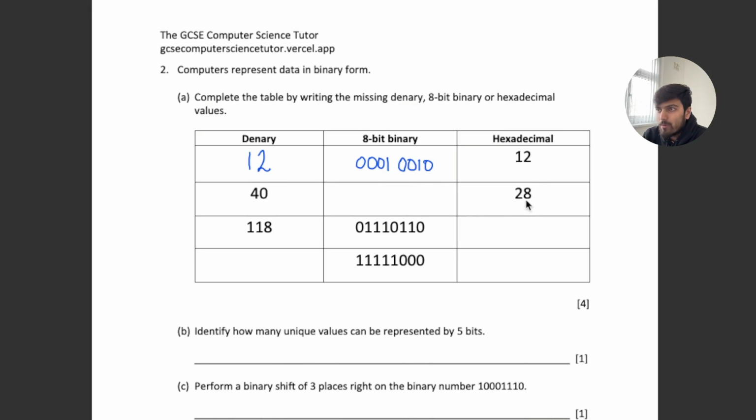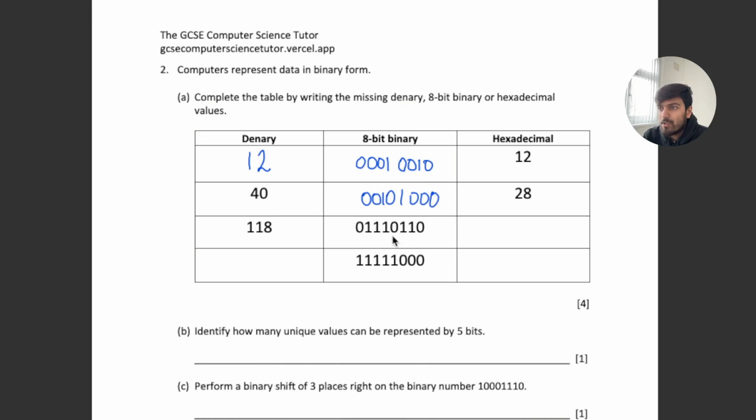Now, the middle one, we're going to follow the same procedure. So 8 on the right hand side, which is 1, 0, 0, 0, and 2 on the left hand side, which is that. And now if you calculate this, 128, plus 32 plus 8 is 40, hence why there's 40 there.